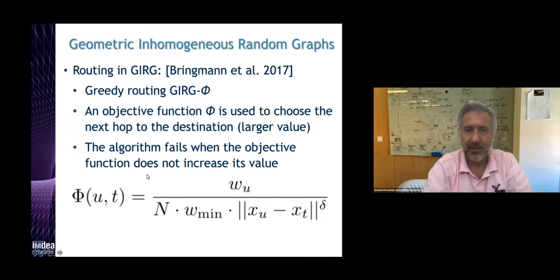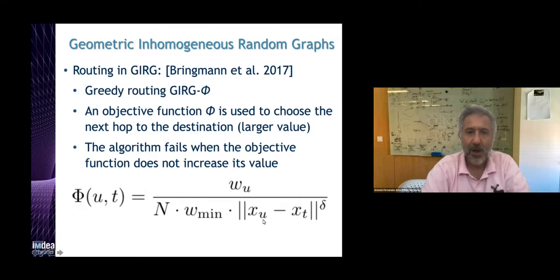So given a node, it chooses among the neighbors the neighbor whose function phi is largest, and that function phi is computed as shown here. These two terms are not constant, but they don't vary from one node to the other. So this is the important part: what changes from one neighbor to another.